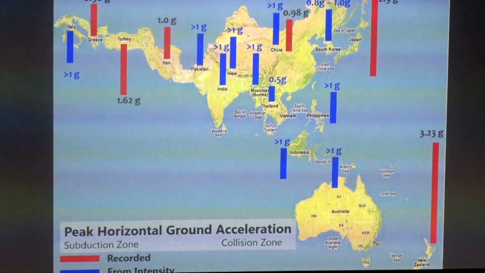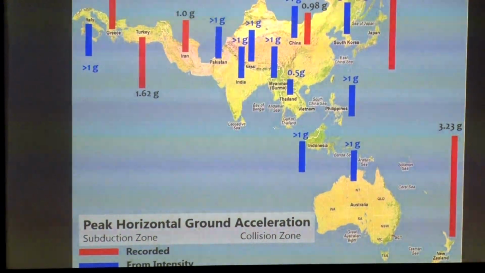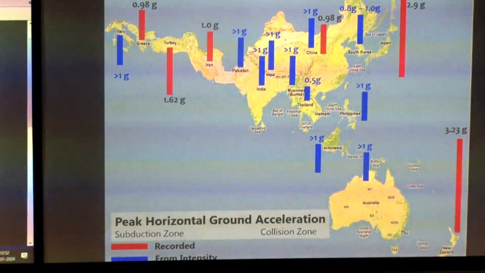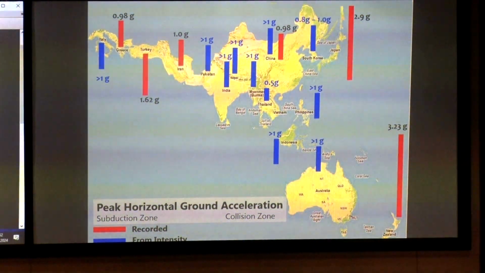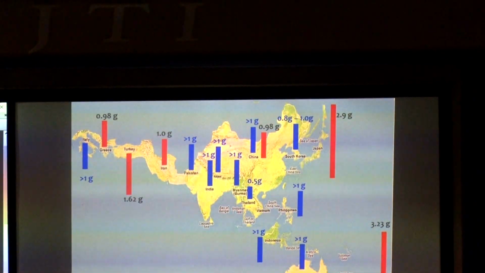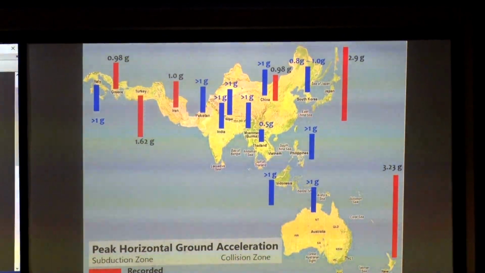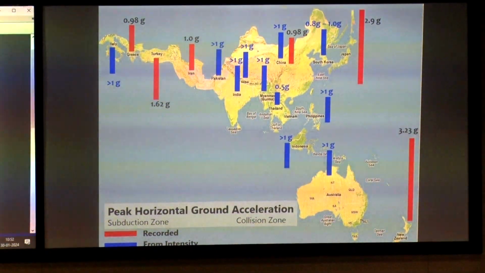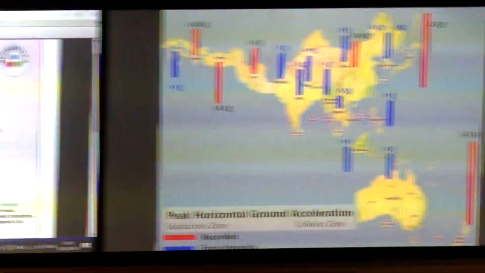So, as a first cut, if you look at the trend, you get to see that in reality, the peak horizontal ground acceleration that has been recorded or interpreted from different intensity measures, due to real earthquakes that have happened along similar major tectonic regions, are somewhere close to 1g.